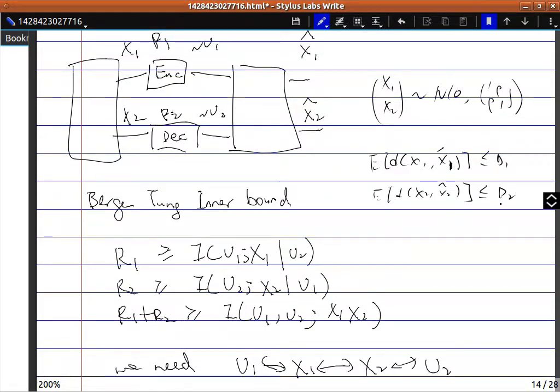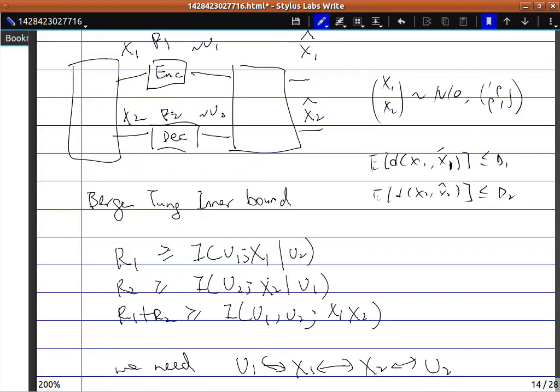So the achievable rate region is derived from the Berger-Tung inner bound. Basically, the Berger-Tung inner bound is a very intuitive scheme. The two encoders, instead of trying to compress the sources X1 and X2 directly, look for auxiliary random variables U1 and U2.